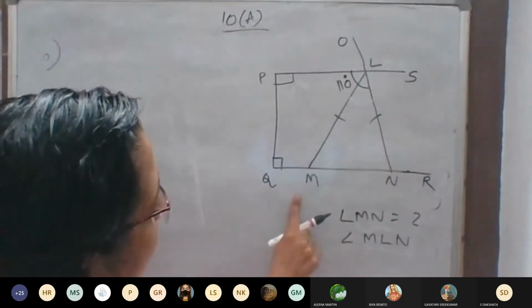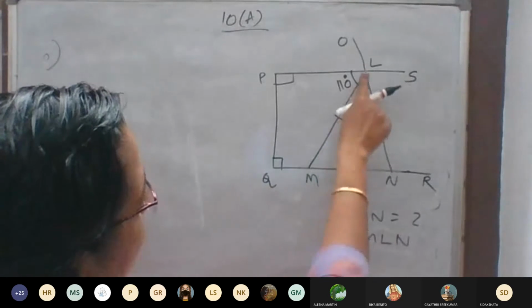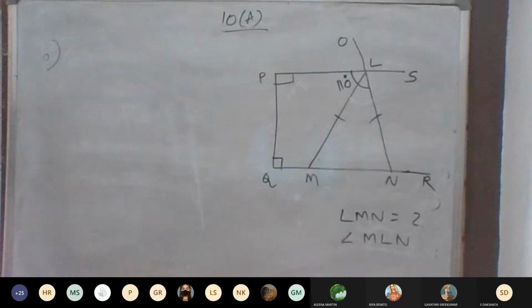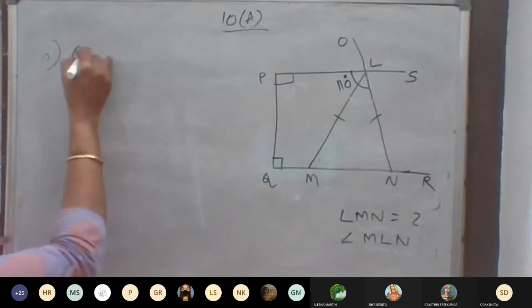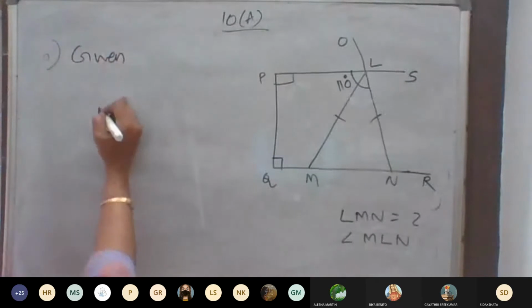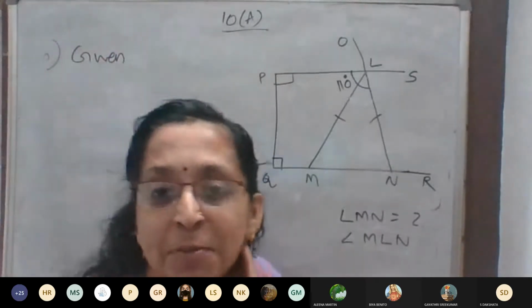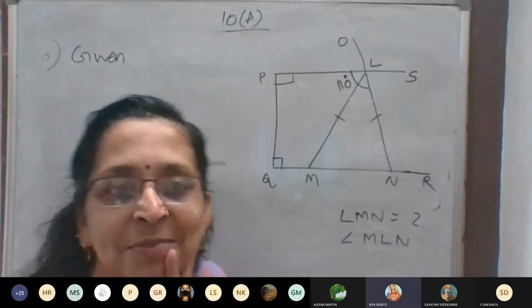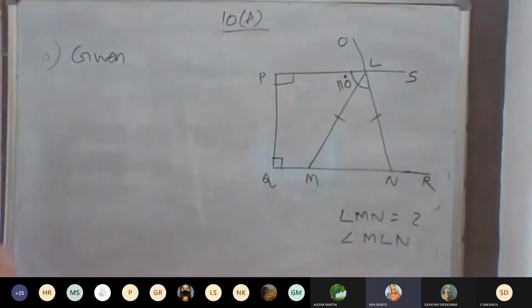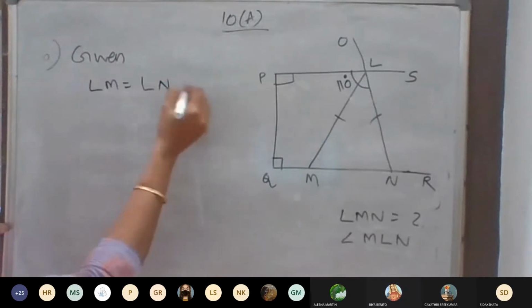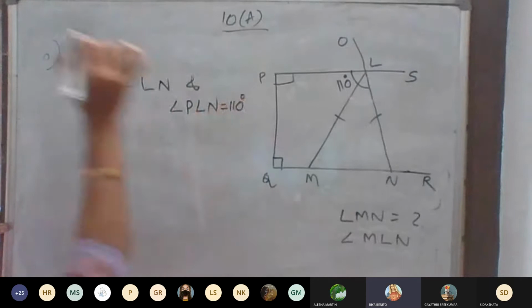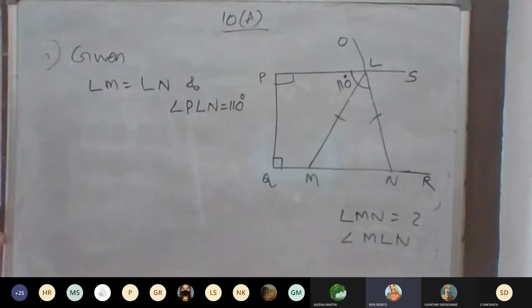LMN, this angle we have to find out. So for that, what are the things given? At least that you can say, no? Tell me. Given LM is equal to LN and angle PLN is equal to 110 degrees.